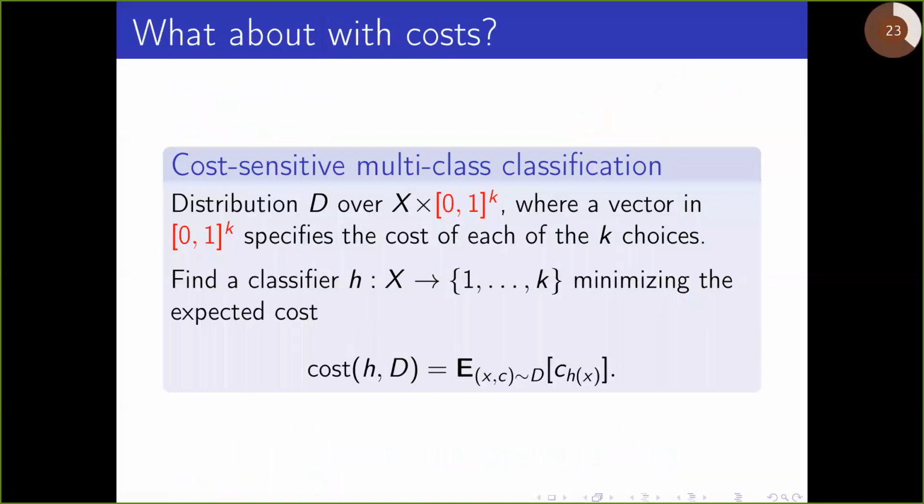Okay, so we might want to generalize this. Let's suppose that we have cost-sensitive classification. We talked about this previously. The difference is just that we have a cost for every class, as opposed to typical multi-class classification.